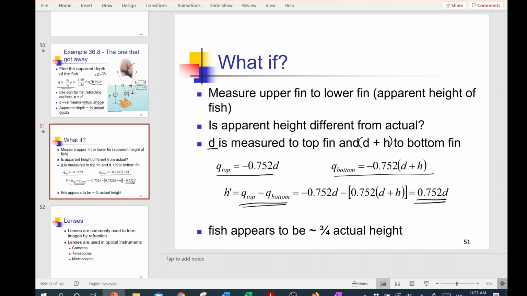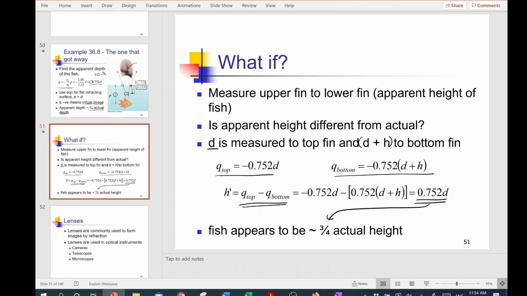That is interpreted as the fish also having 3/4 the size compared to the real height of the fish.